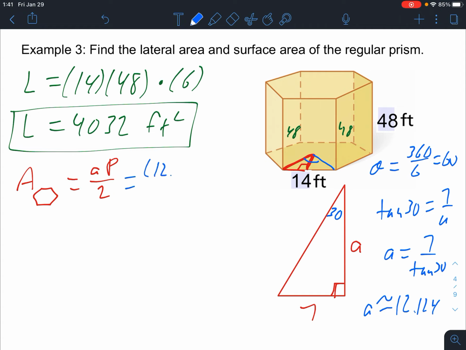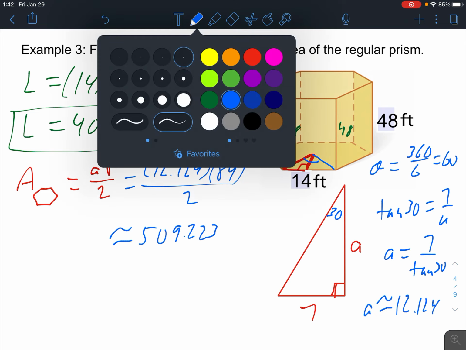So back over here, I know my apothem is 12.124. I know the perimeter of that hexagon is just 14 times 6, which is 84, over 2. So multiplying those, 12.124 times 84 over 2, we get the area of this hexagon to be approximately 509.223.